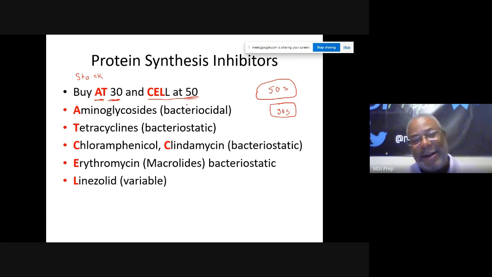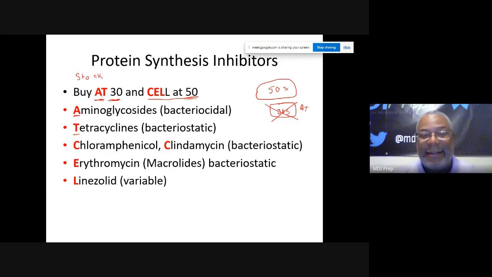Buy low, sell high. So the AT, which is the aminoglycosides and the tetracyclines, are basically targeting the 30S ribosomal subunits. So AT is saying we're going to inhibit this 30S ribosomal subunit. If we inhibit that, protein synthesis is not going to happen, and if the bacteria are not able to synthesize the proteins they need in order to function, that bacteria will die.